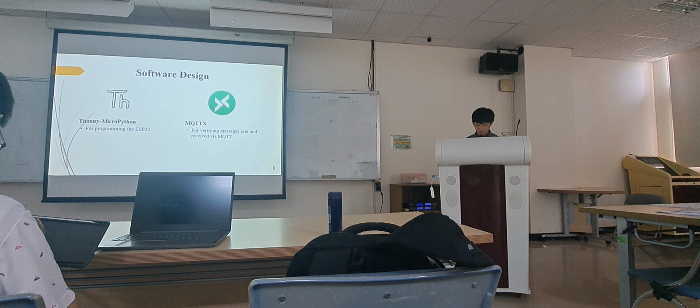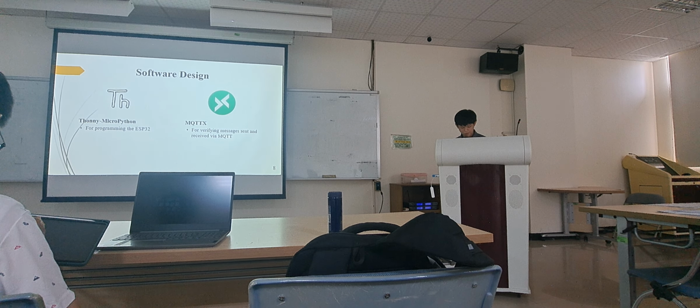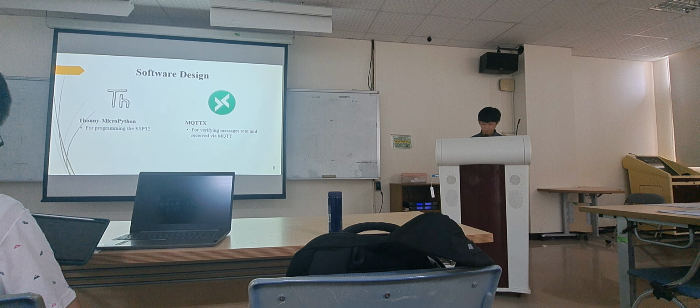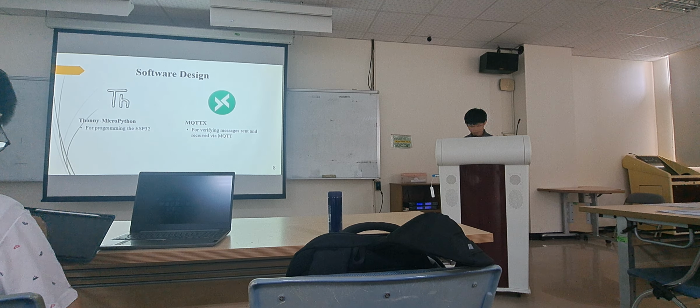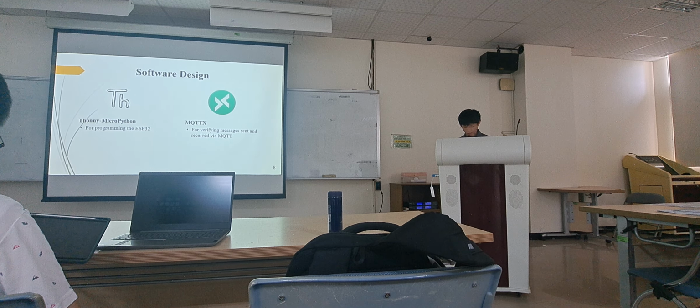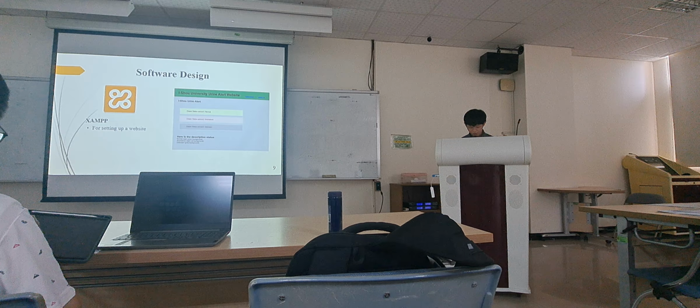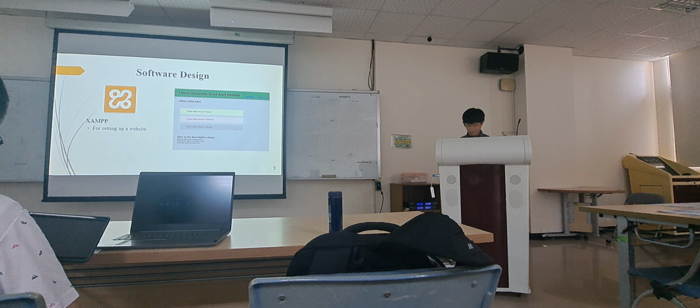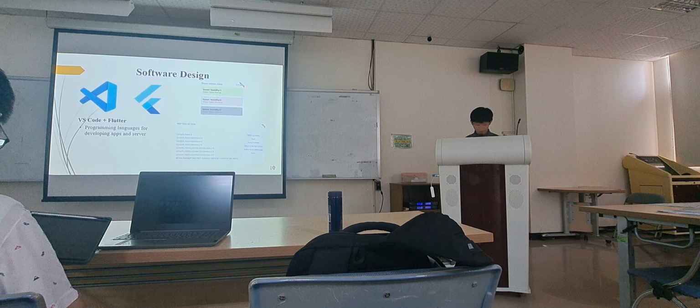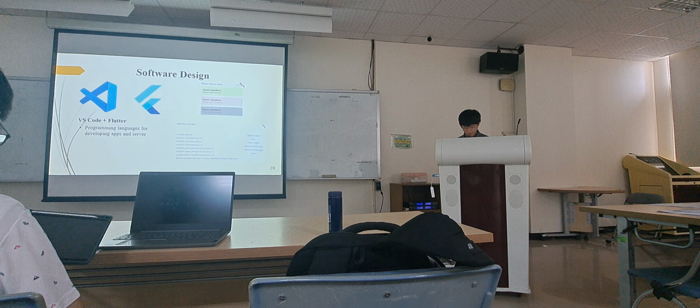For the server, we use Sony with a microprocessor to program the ESP32. MQTT is used to verify messages. We also use it to set up the website. Finally, we develop the application with VS Code and Flutter.